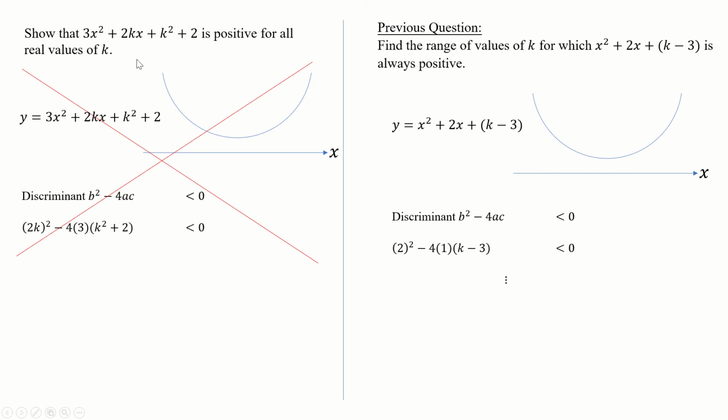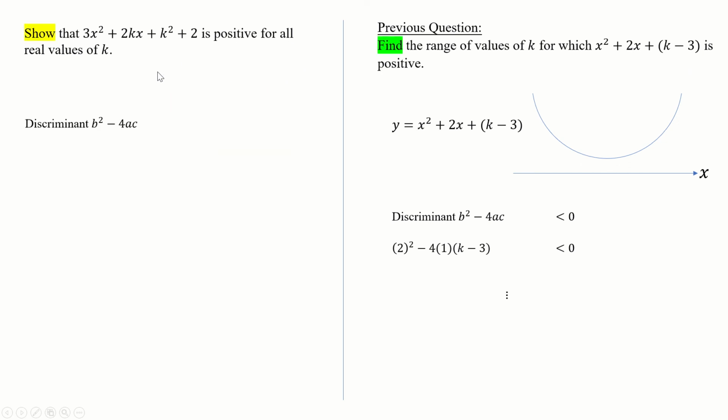So how should we approach this new question? What we can do is calculate the value of the discriminant b squared minus 4ac first. I'll do the substitution, and after substituting I get this, and after simplifying I get this.